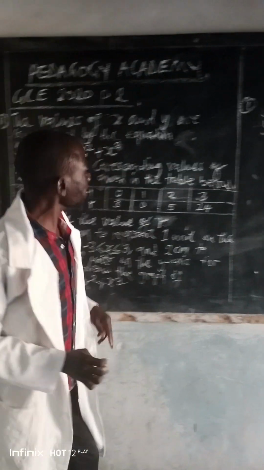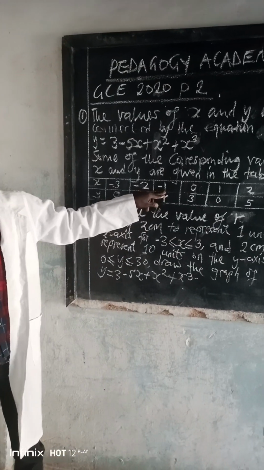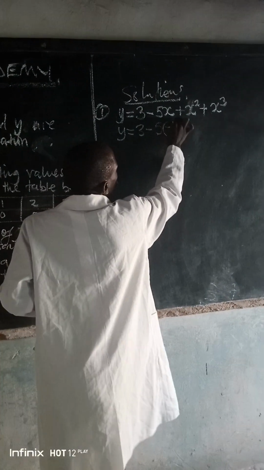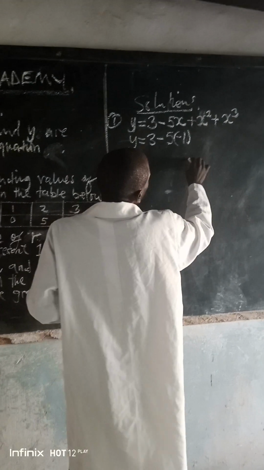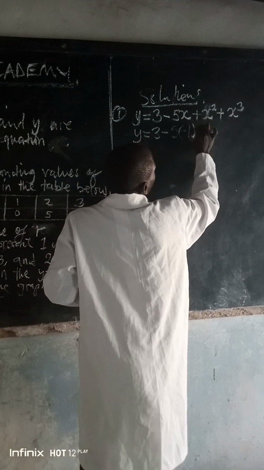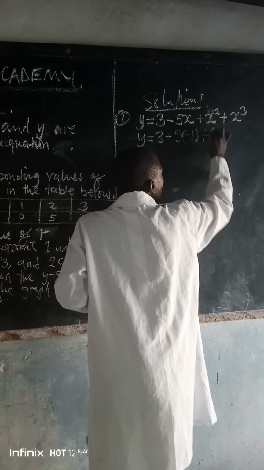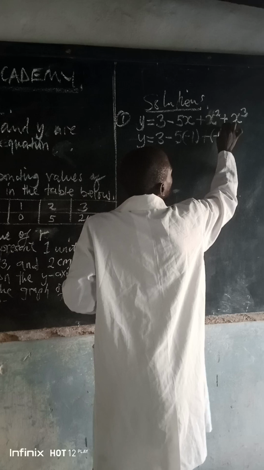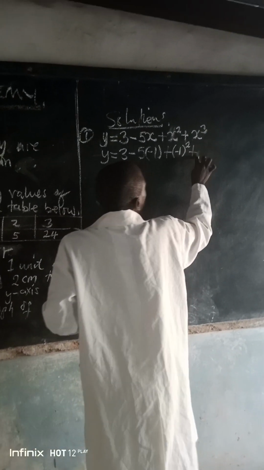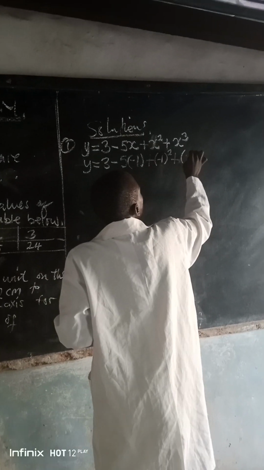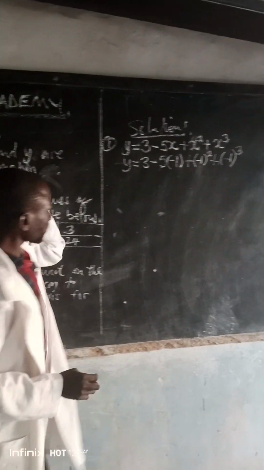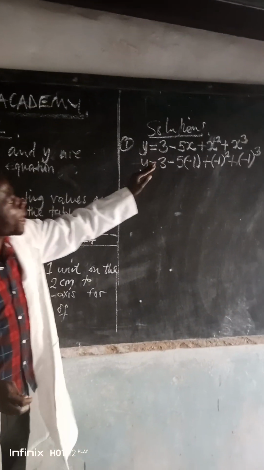So we continue: y equals 3 minus 5, and where there is x, we replace it with -1. You open the bracket and close, which means you are going to multiply. Plus again -1, the same x, powered by 2, plus again -1 cubed.